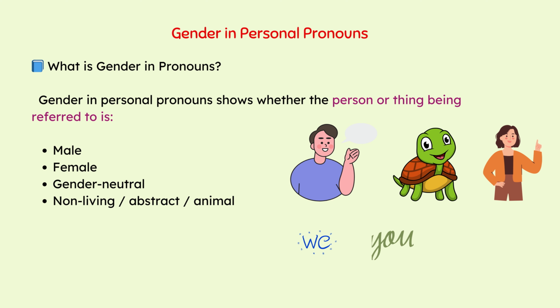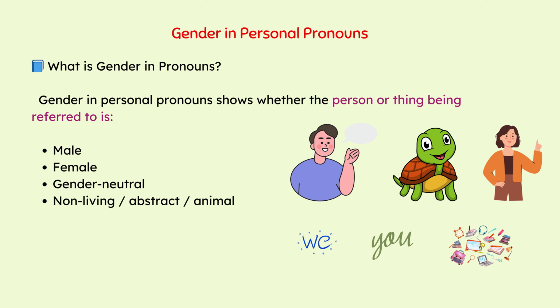Let's now talk about gender in personal pronouns. So, what does gender mean in grammar? Gender in pronouns shows whether the person or thing we're referring to is male, like he or him; female, like she or her; gender neutral, like they or them; or non-living, abstract, or animals, where we often use it.